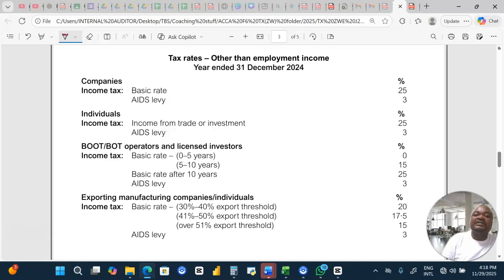The basic rate is 25%. Then you need to add 3% AIDS levy.